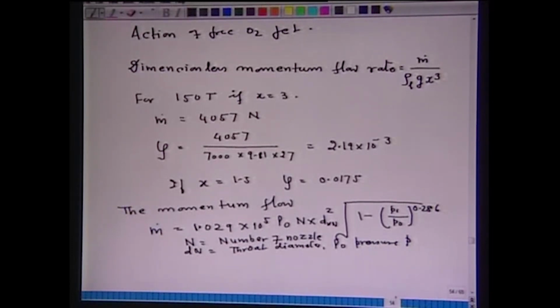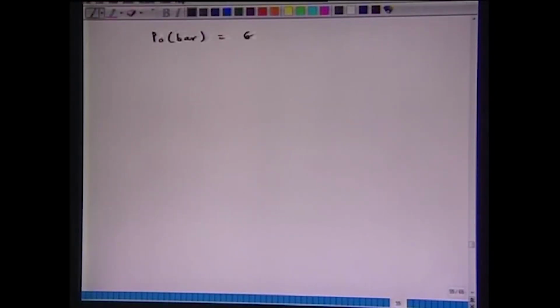Now, this pressure P0 can be calculated in bar as equal to 6.755 T raised to the power 0.104, where T is the capacity in tons.